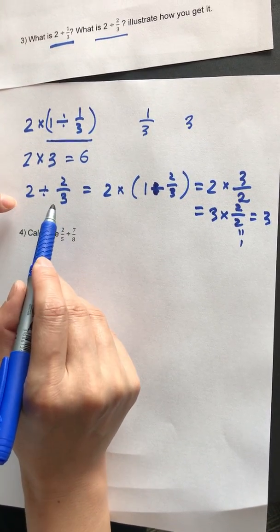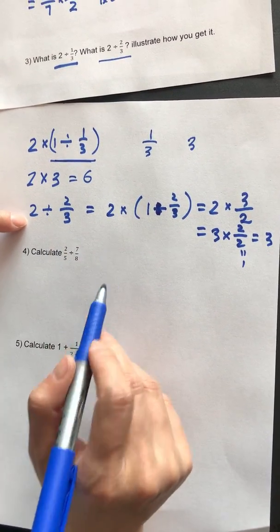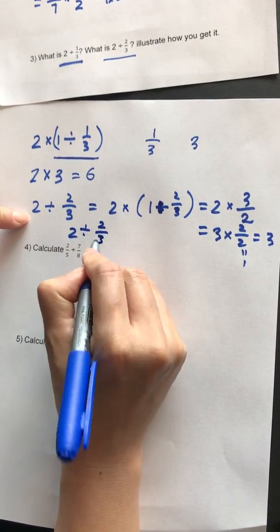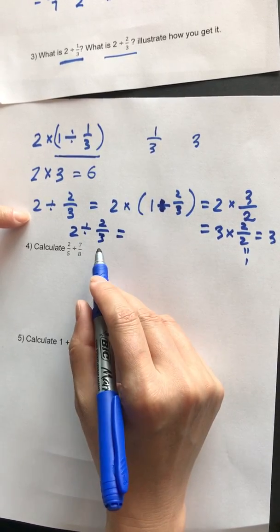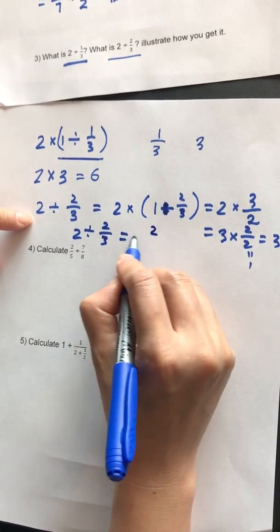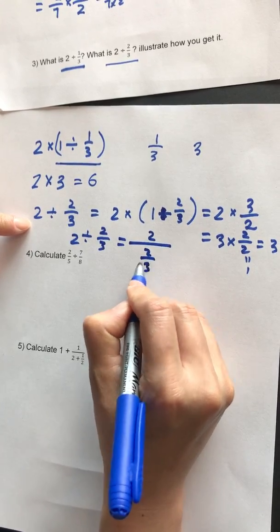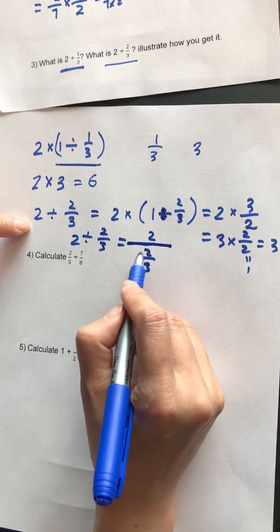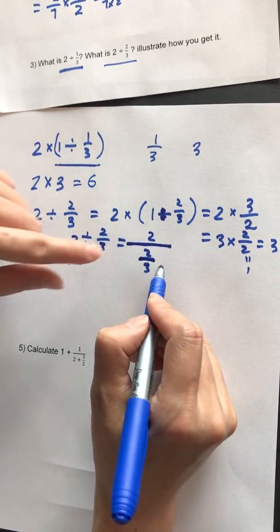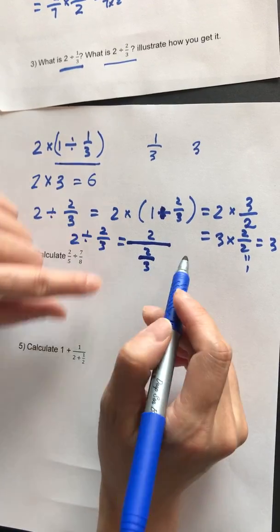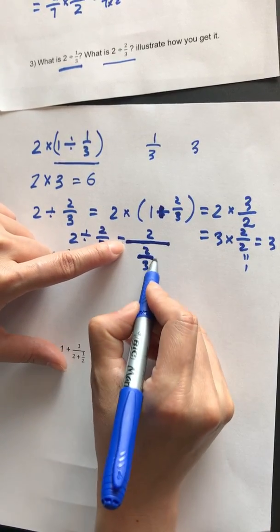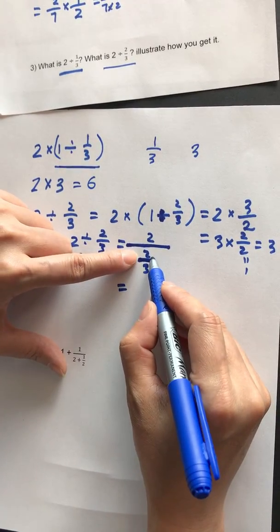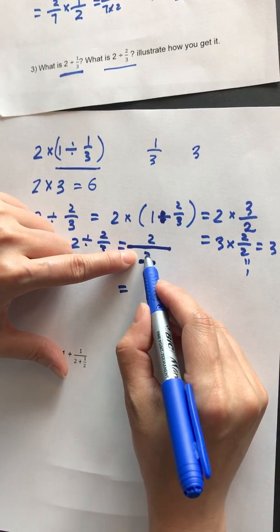So in here, for higher graders, I like to introduce a different way of looking at this. 2 divided by 2/3, we can write this in fraction form: 2 over 2/3. Remember, this is the last division that we want to do. So for the fraction, you write this line shorter so that you don't confuse which one you are dividing. So 2 divided by this fraction, which has a shorter line. You can see that this 2 is now in the denominator.